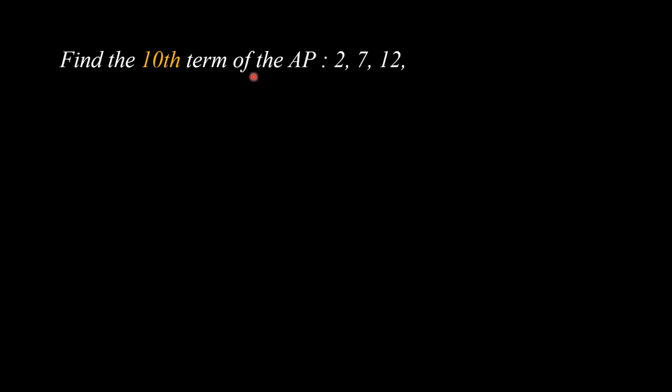Now we will solve some examples based on nth term of an AP. Find the 10th term of the AP 2, 7, 12, and so forth. 10th term of this AP means the term of this AP which is placed at 10th position.